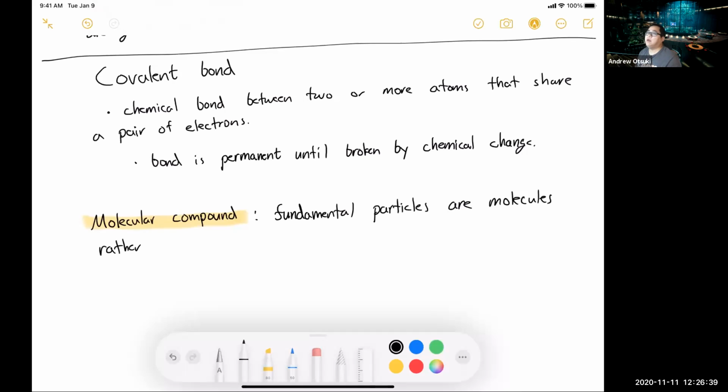So in covalent bonds, we don't call them ions, we call them molecules rather than ions.